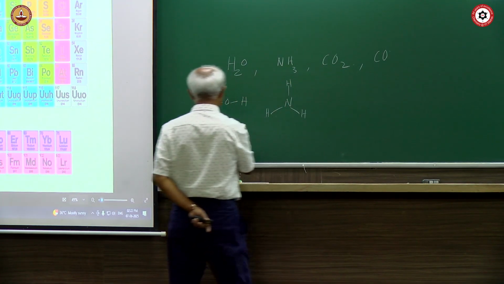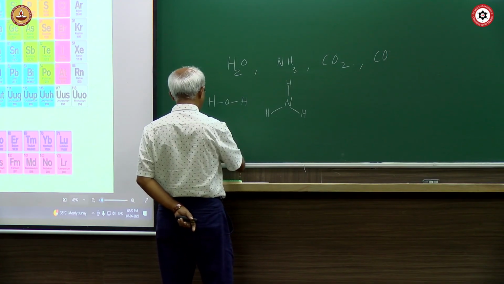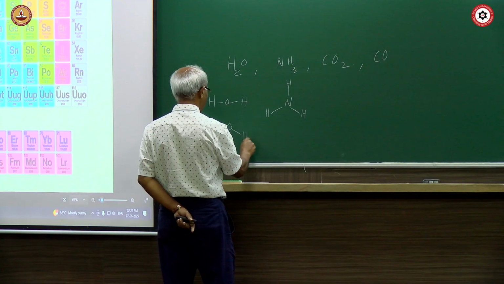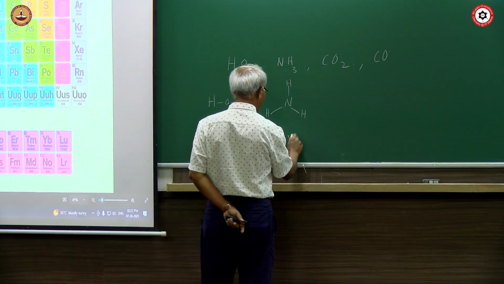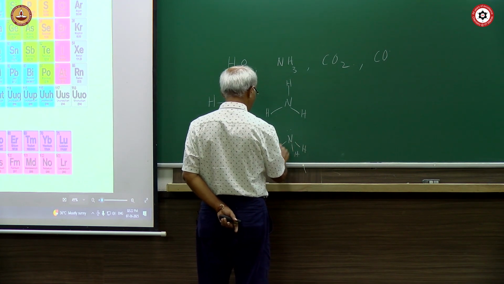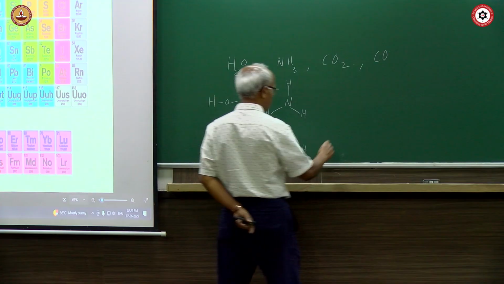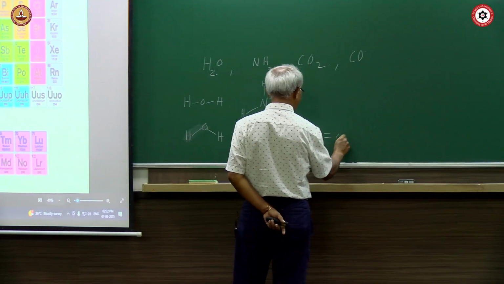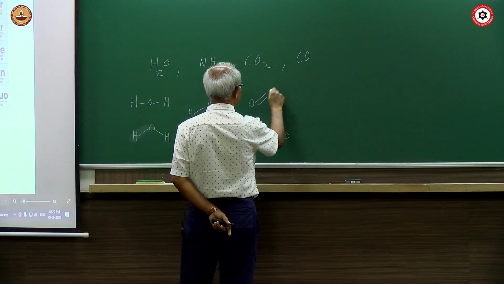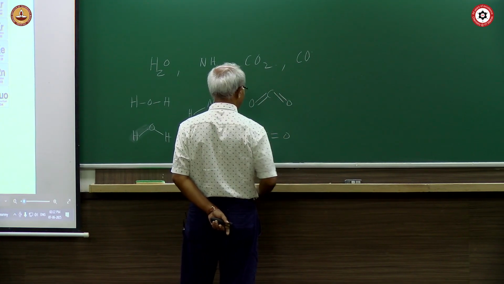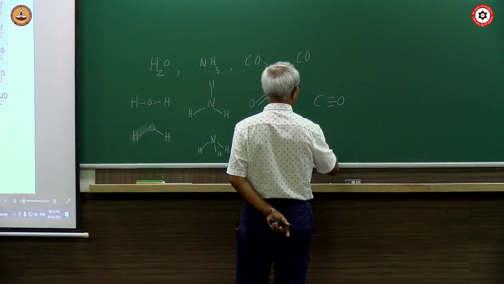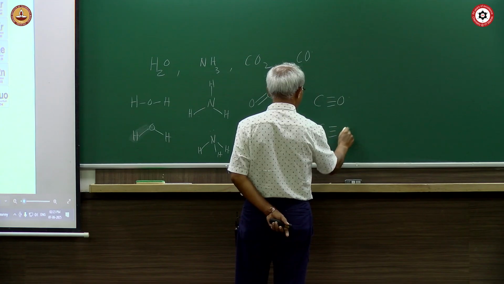But we know that water has a bent structure, right? And ammonia is pyramidal. So how do we know all this? And carbon dioxide is linear. I can put bent. Which one is correct?